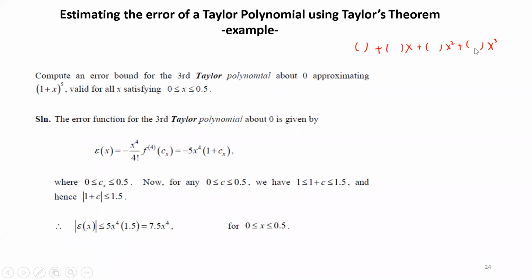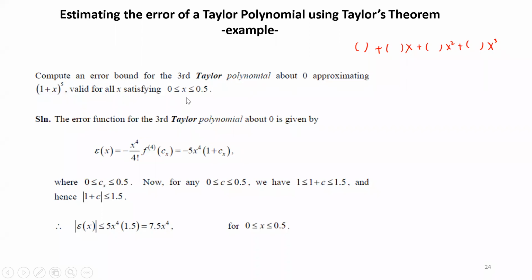But how do I estimate the error? Using what I told you in the last slide, I just consider this term over here, the fourth order derivative for this 1 plus x to the fifth. You can go ahead and do that, and you find that this whole term just becomes this one over here.